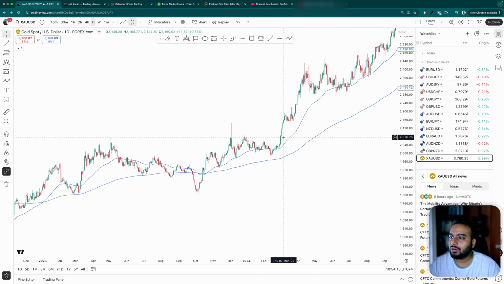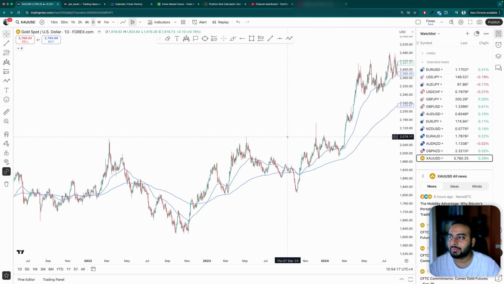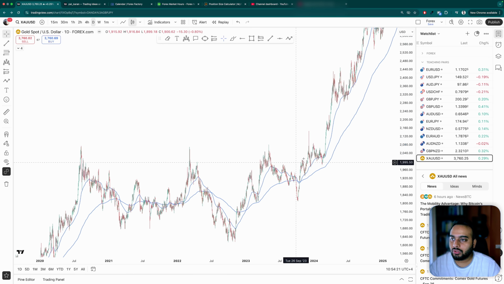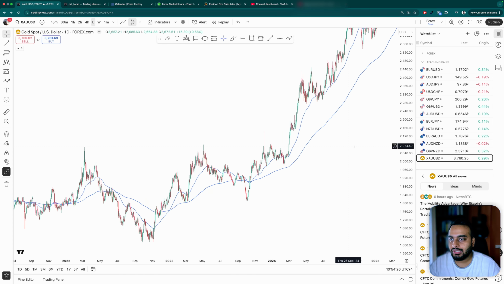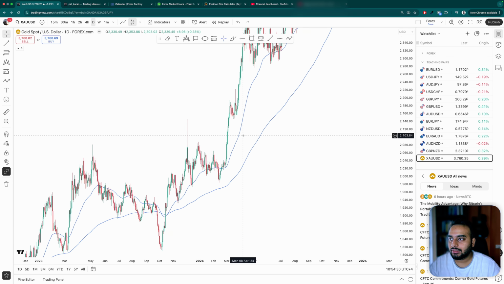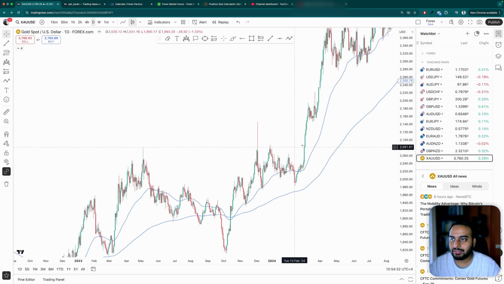Now, you might not be in this position. You might not be looking for a breakout because the price has rejected a lot of times. One, two, three, four times the price has rejected this resistance level, but eventually price broke out, and it broke out nicely.